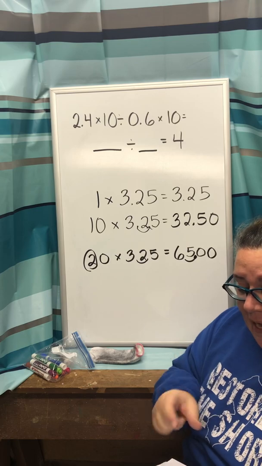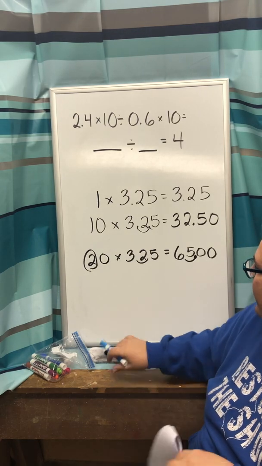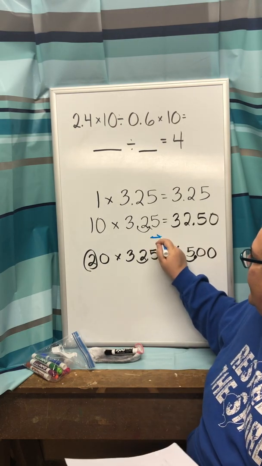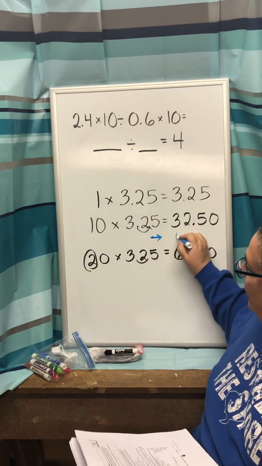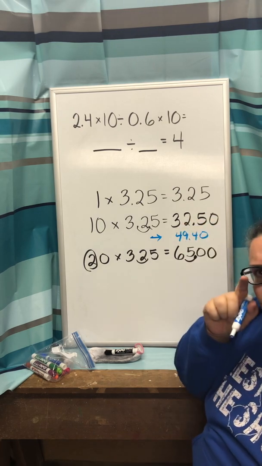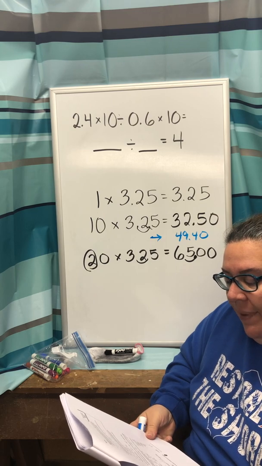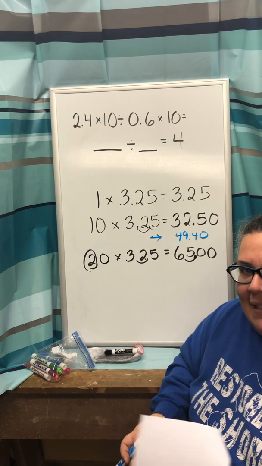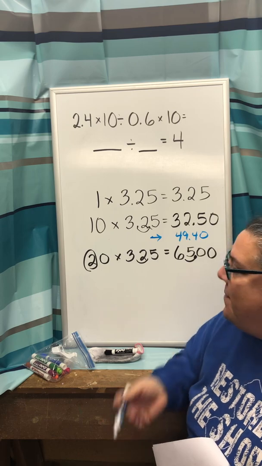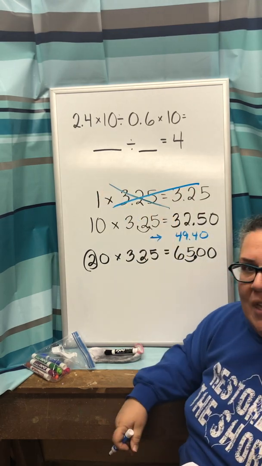Now, they put in for us the arrow, and the arrow says his $49.40 falls between those two numbers. So on the last line, Freddie bought between blank and blank gallons of gas. Remember, we're just doing an estimate. I know that he couldn't have bought just one because that was way too small.